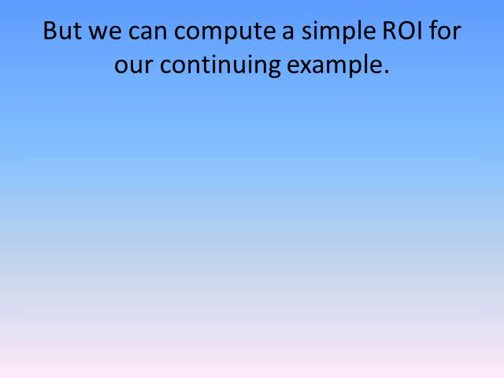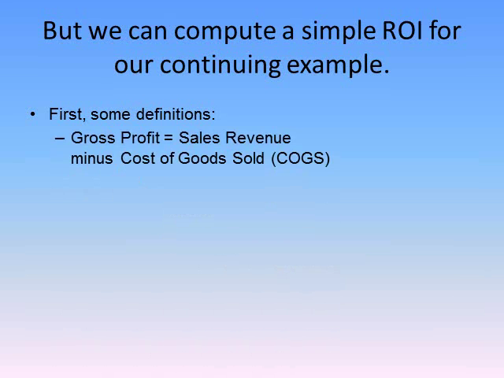We can compute a simple return on investment in our little example. First, we need some definitions. So the first one is what gross profit equals. That's not a negative sign, by the way, in front of gross profit. That's just gross profit equals sales revenues minus cost of goods sold, like you've learned in accounting.